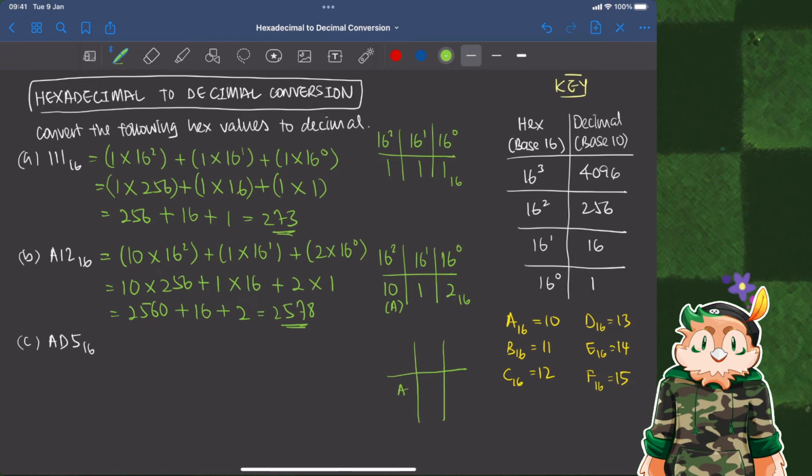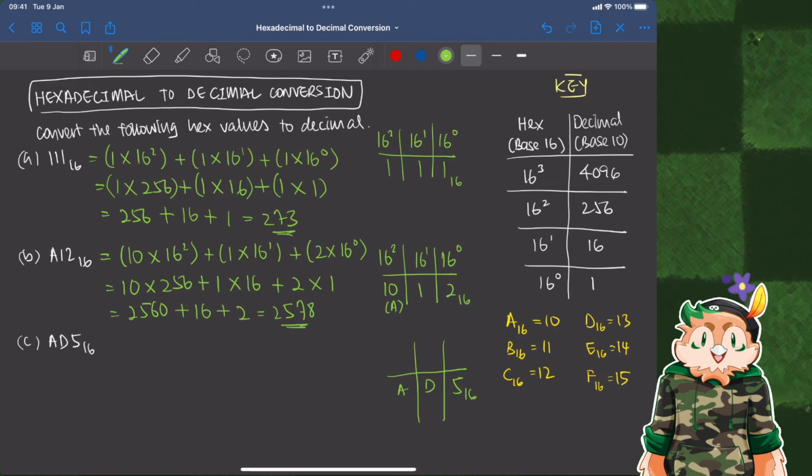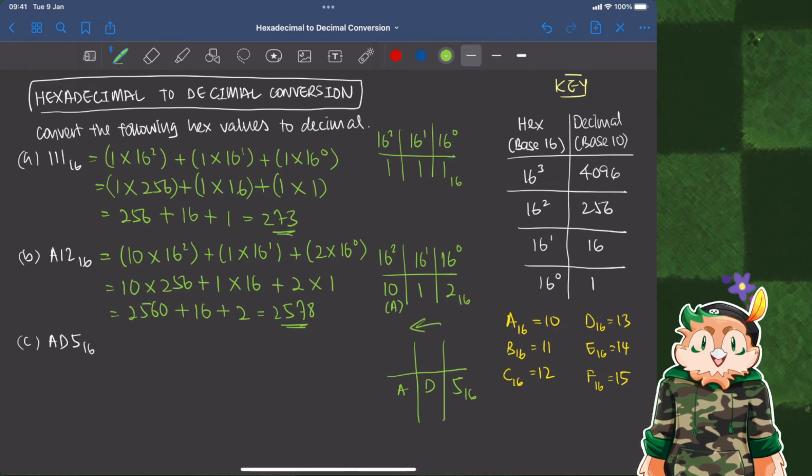A, D, and 5, base 16. And then I'm going to want to count up in 16 powers from right to left: 16 power 0, 16 power 1, 16 power 2. Now before we write down the first line, we're going to want to replace the given hexadecimal values that are in here.